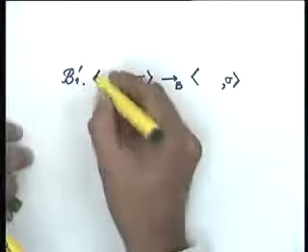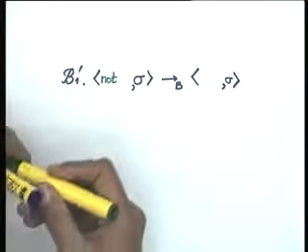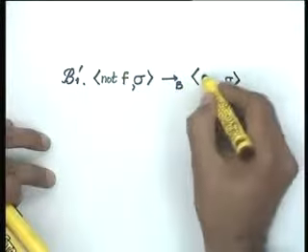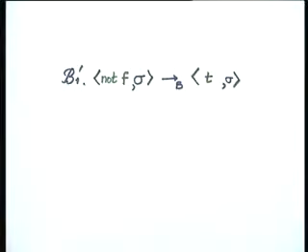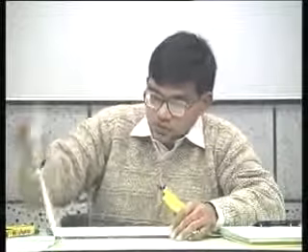So this is not f is equal to t, and that gives me a complete set of evaluations of Boolean expressions for the NOT operation.